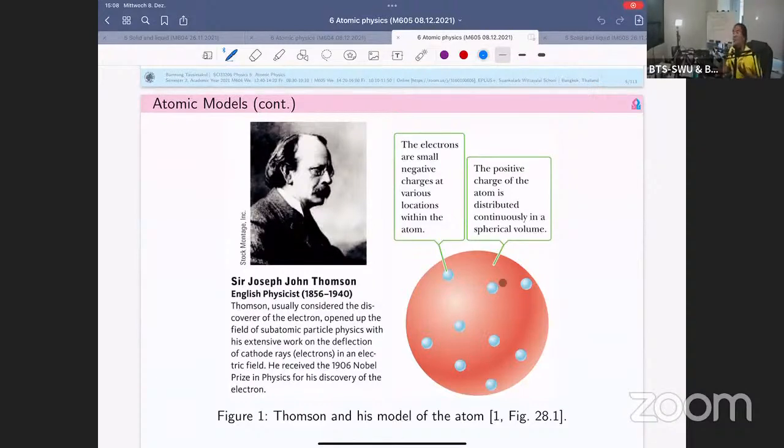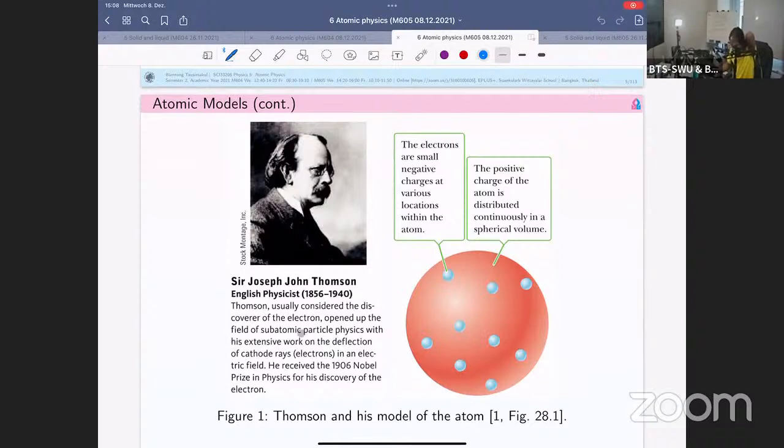It's like having the seeds of the watermelon inside the watermelon, and the seeds just stay constantly like that inside the watermelon. Let's talk about the details of this person.